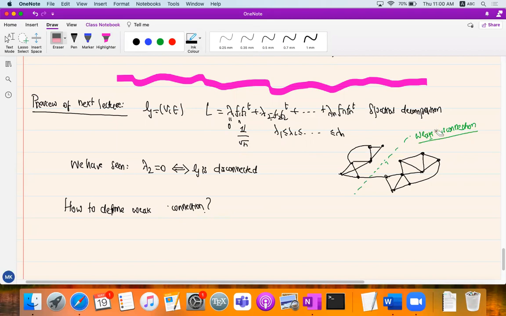So how to define weak connection, and what does it have to do with lambda 2? In other words, if lambda 2 is exactly 0, we have disconnection. What if lambda 2 is extremely small? Does that mean that there is a weak connection? This is a very important thing, and we will study this point.